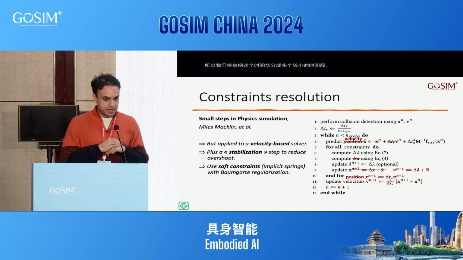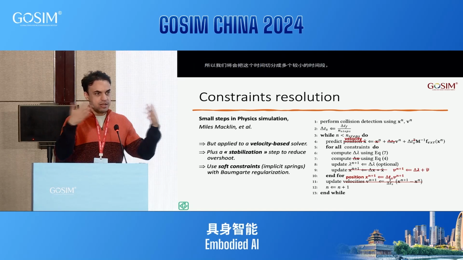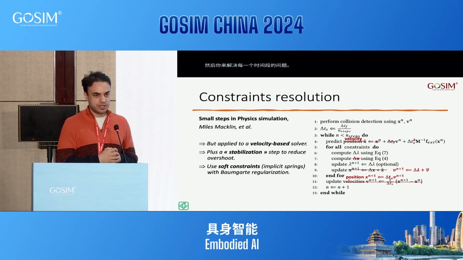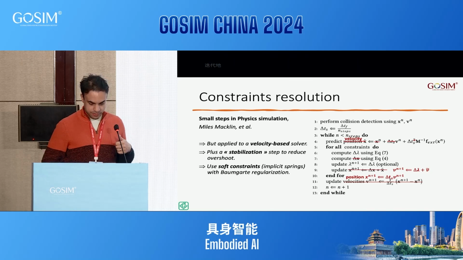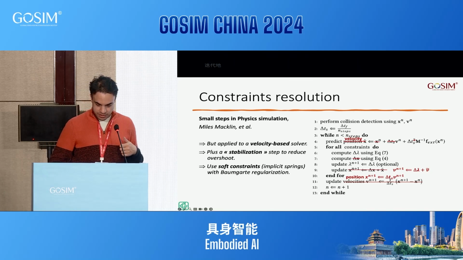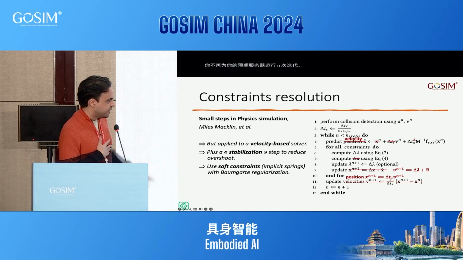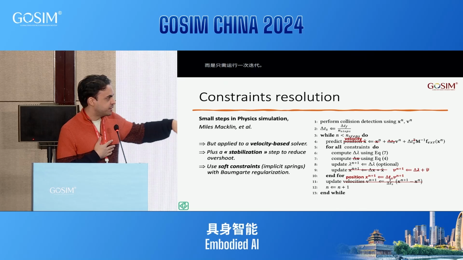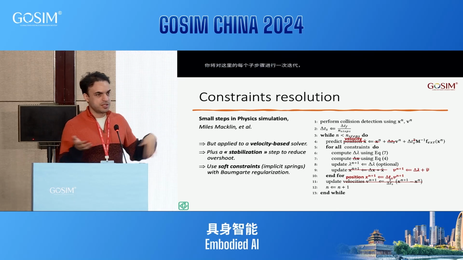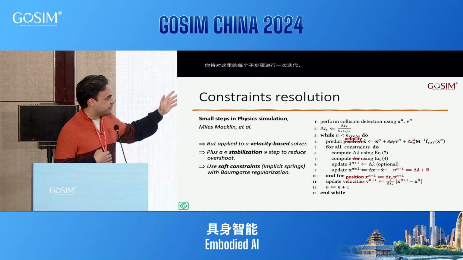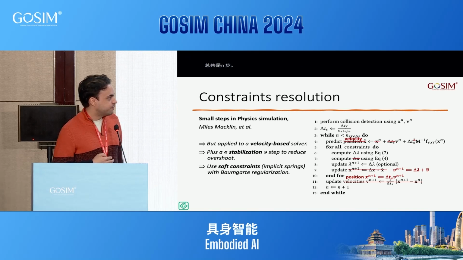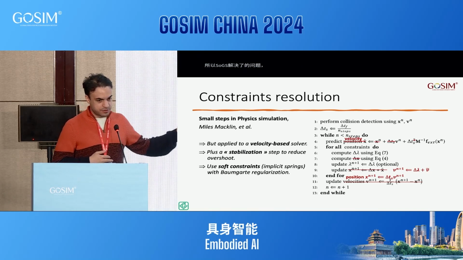The main difference here is that instead of running n iterations for your projected Gauss-Seidel solver, you just run a single iteration, but you have one iteration for each of these n sub-steps. TGS soft is kind of the same thing, but replacing everything that's position-based, because XPBD is position-based, by a velocity-based formulation.